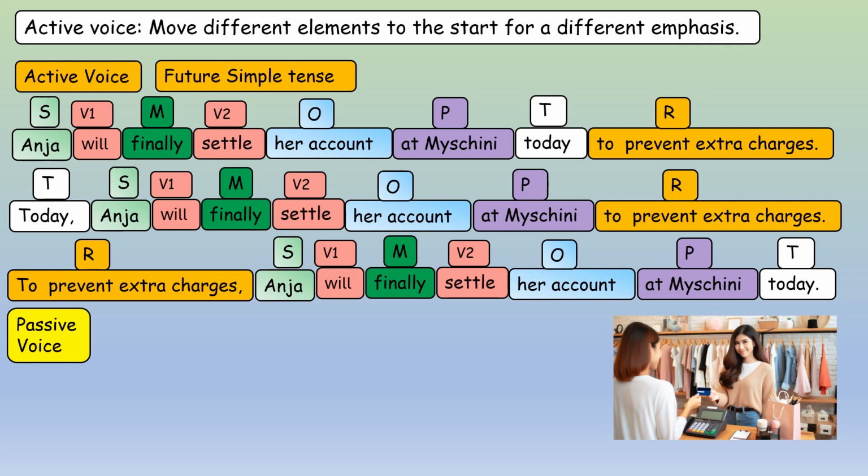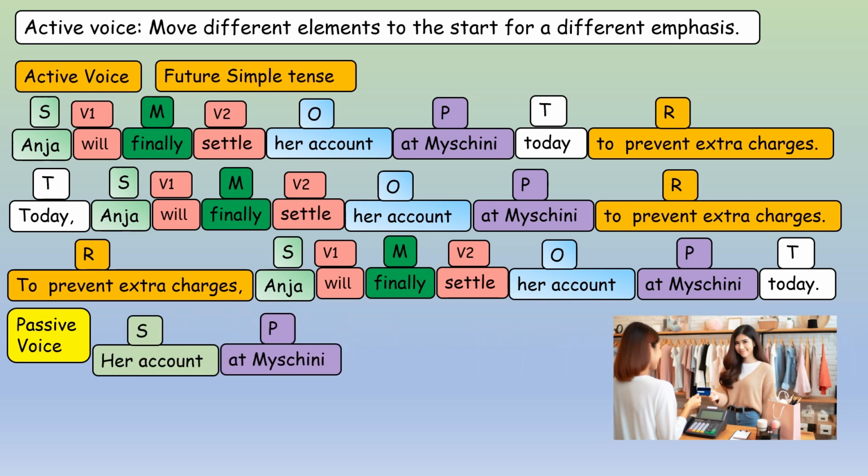For passive voice, we're not going to shuttle too much around. We just do one variation here. Her account, we start with the object of the active sentence. It now becomes the subject of the new sentence, meaning the passive voice sentence.